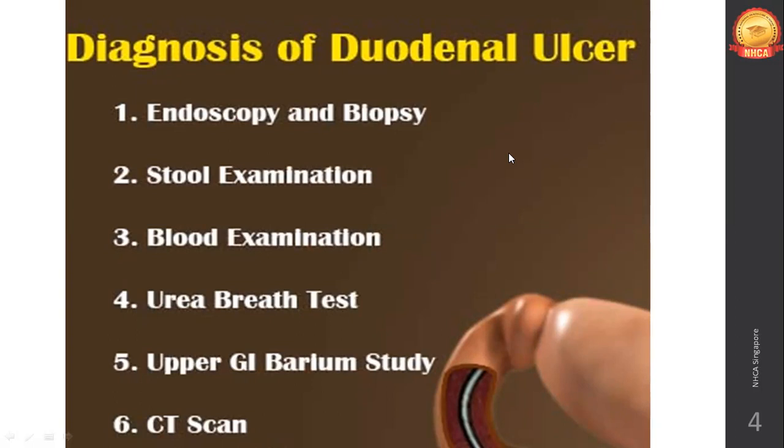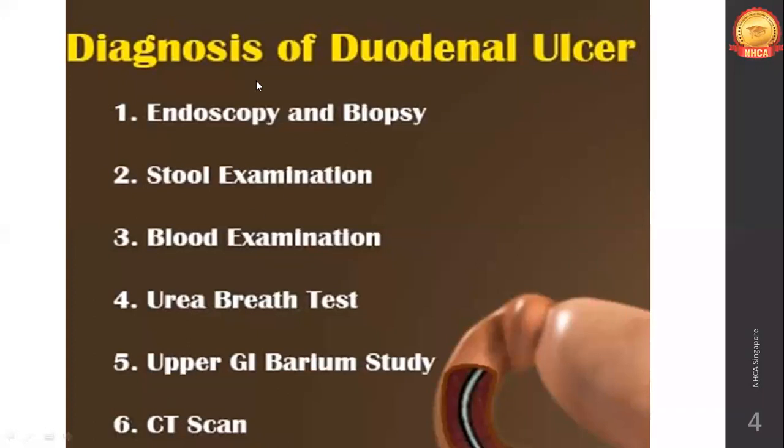The presence of carbon dioxide is checked, a specific gas secreted by the bacteria. These bacteria are able to take in the carbon isotope that you have given. They consume it and give it back into the breath. So that is a urea breath test.